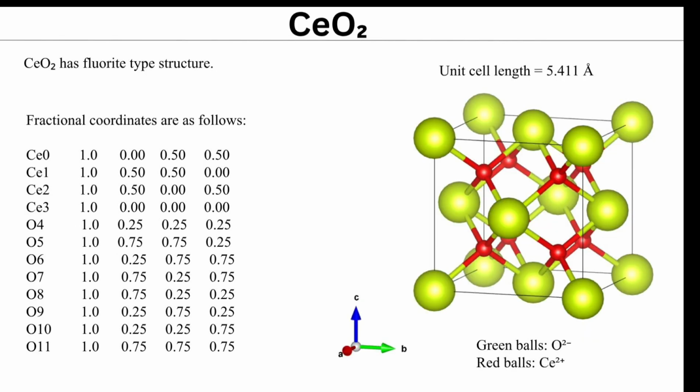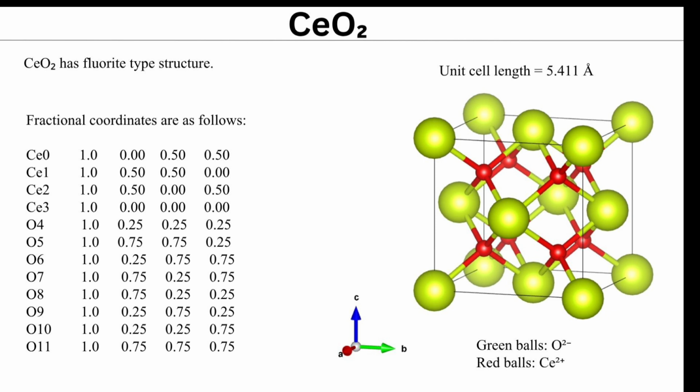This is cerium oxide, or ceria. It has the classic fluorite structure, named after the mineral calcium fluoride, CaF2. This is the inverse of the previous structure. Here the cations, the red Ce4+ ions, form a face-centered cubic lattice. The anions, the green O2- ions, occupy all the tetrahedral sites.